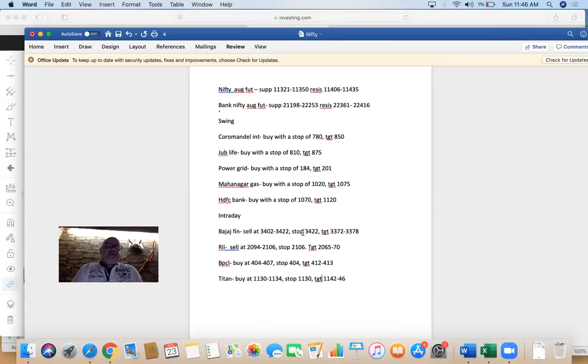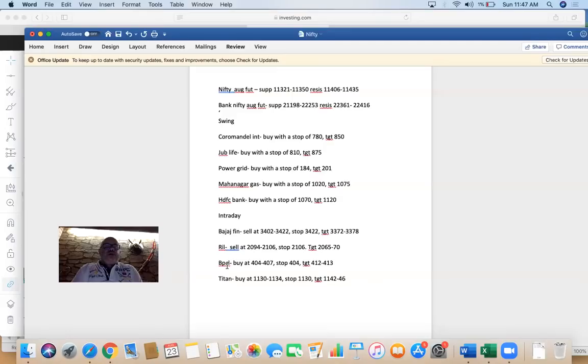Very nearby stops, because once something starts to work, it does not need stops. RIL, weak stock, sell around 2094. This zone of 2094 to 2106, stop at 2106, target of 2065 to 2070.